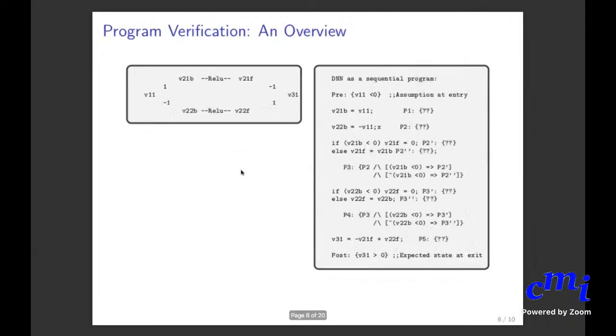Okay. So now let me introduce you to a very popular logic, a special purpose logic that was introduced by a computer scientist called Tony Hoare, and the logic is named after him.